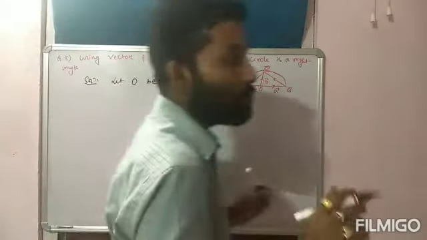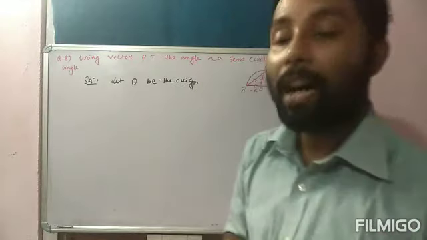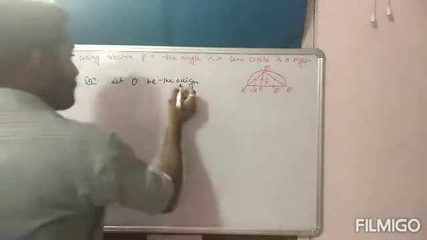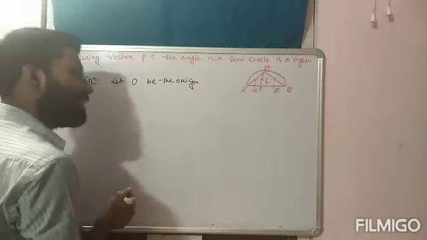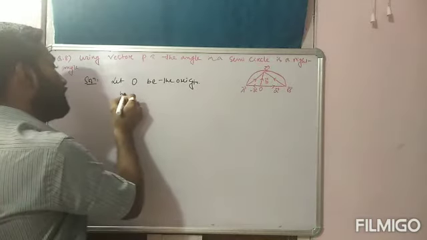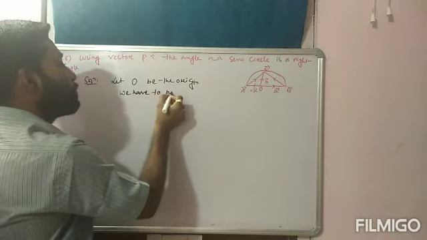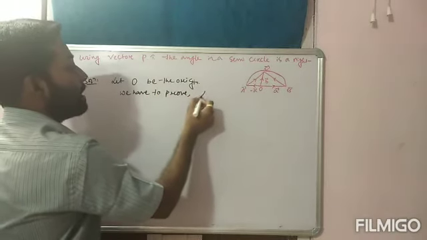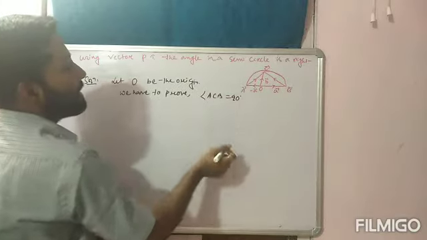Since you have to use the concept of vector algebra, that's why let us take O be the origin and C be any point on the semicircle. Then we have to prove that angle ACB is equal to 90 degrees.